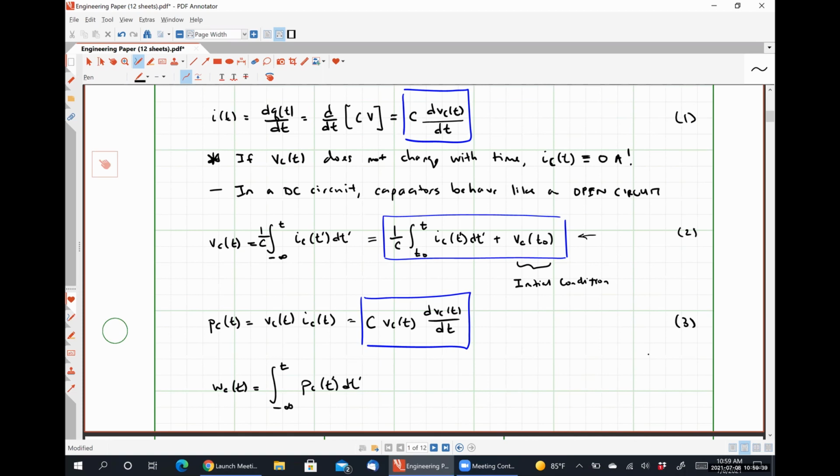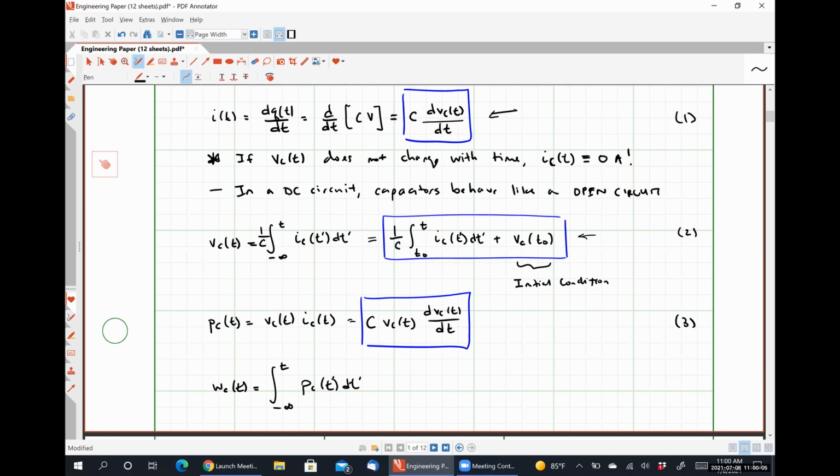We looked at this guy right here and observed that when there is no change in the voltage, so for a DC circuit, the capacitor behaves like an open circuit.